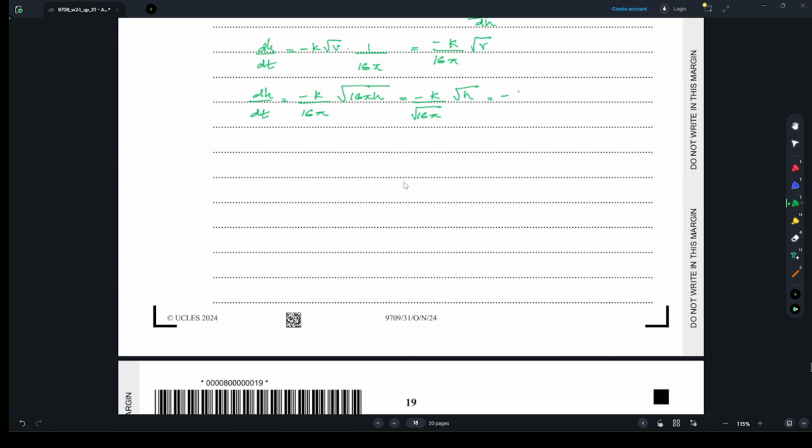So I can write minus, root of 16 is 4, root pi, here root h.